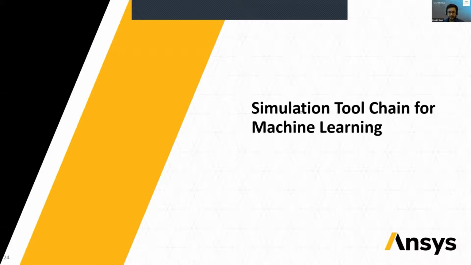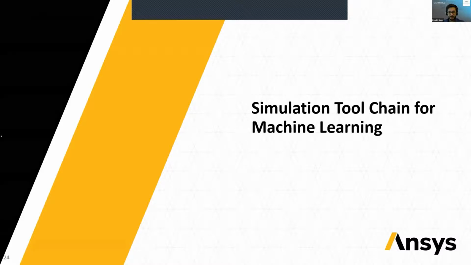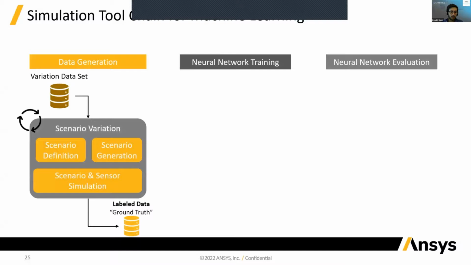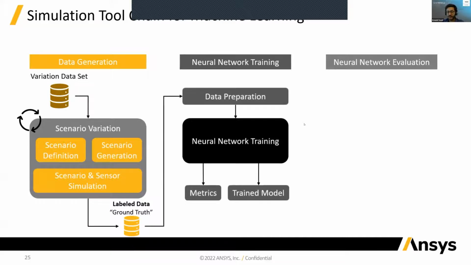Okay, so what does a simulation toolchain for machine learning look like? You have data generation, you have the neural network, and you have neural network evaluation. So to test the neural network, what we concentrate on at Ansys, our core capability, is actually the variation of the data set and how to generate the scenarios, run them, and obtain label data. And here on the right side, you can see this output is then provided to a neural network.